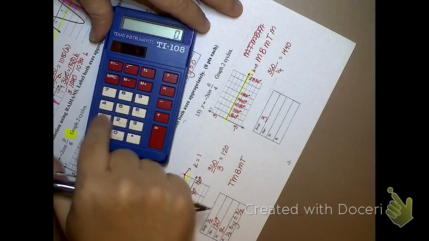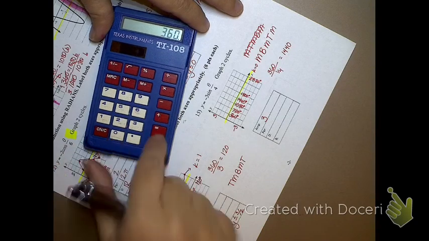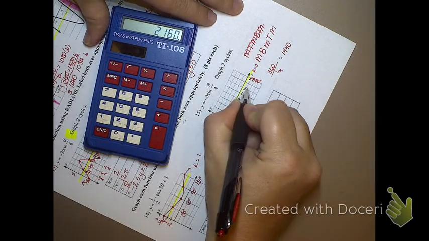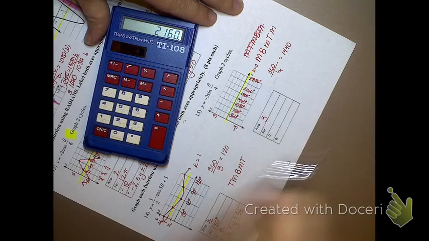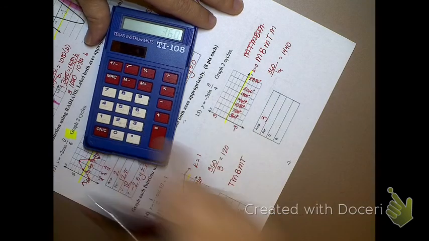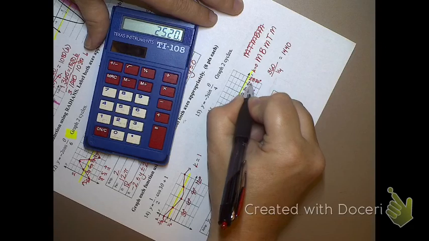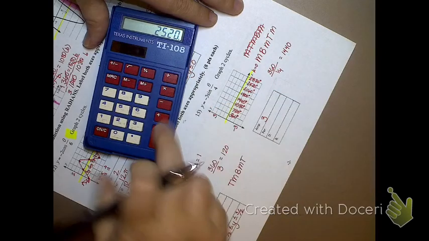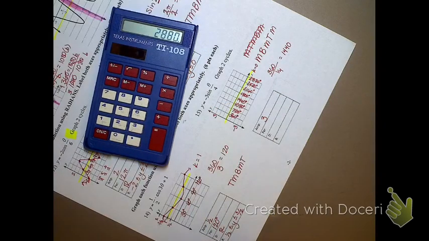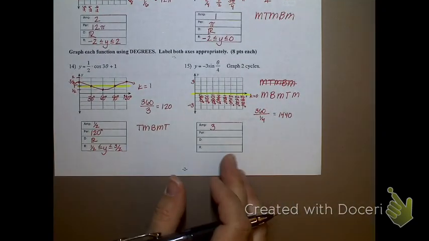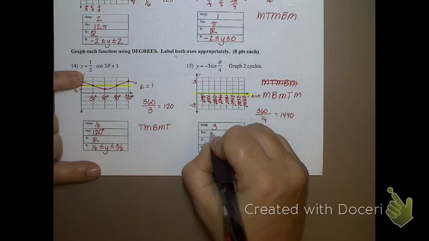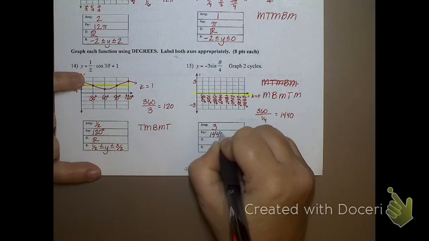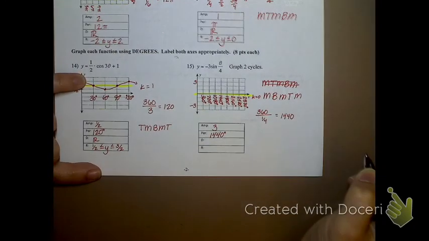Let's go back to where I was. 1800 plus 360, 2160. Plus 360 again, it's 2520. And if I add 360, I should end up at that 2880. Okay. All right, so the period is 1440 what? Degrees. Put your degree symbol.